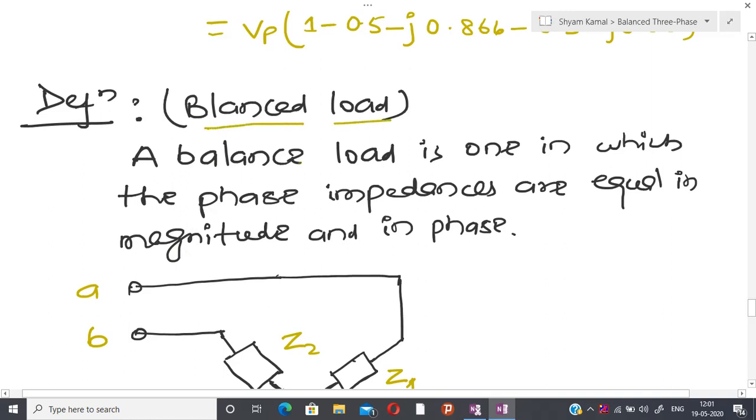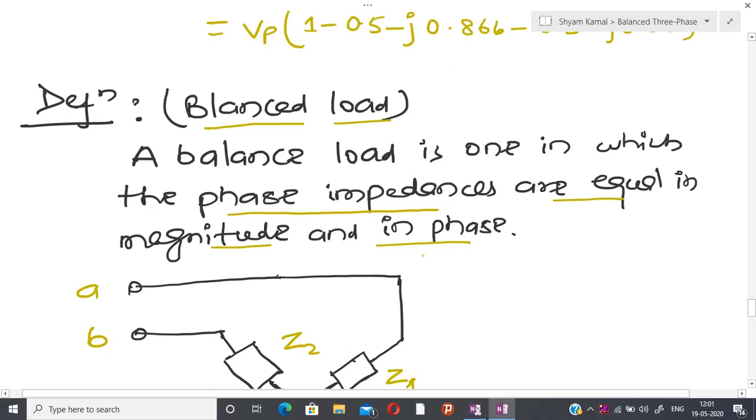So first is the definition of balanced load. A balanced load is one in which the phase impedances are equal in magnitude and in phase.